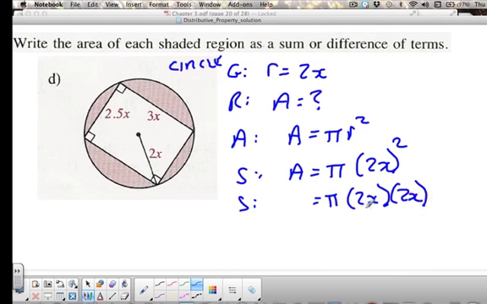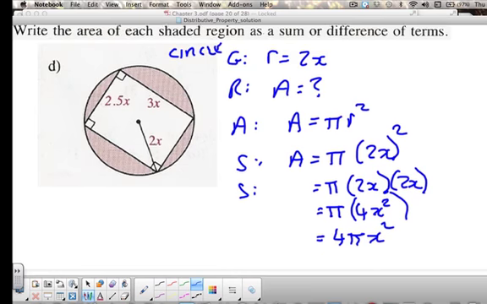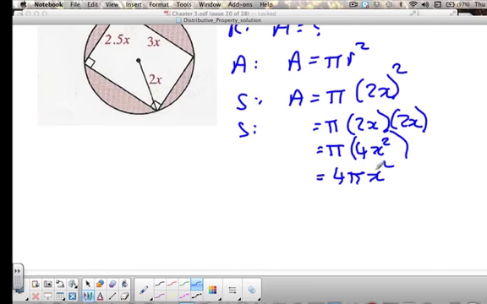This is the same thing as 2x times 2x, so this is pi times 4x squared. I'm dealing with the exponent before the multiplication, according to the rules of BEDMAS. So multiplying 4 times pi, that's 4 pi x squared. I'm going to keep it as an exact number. So that is the area of our circle.